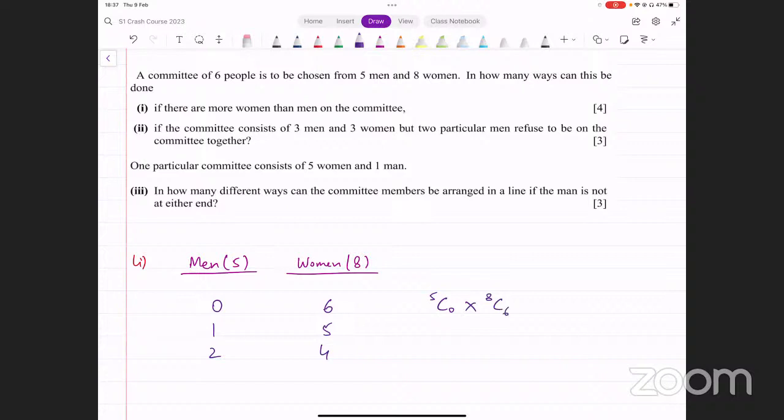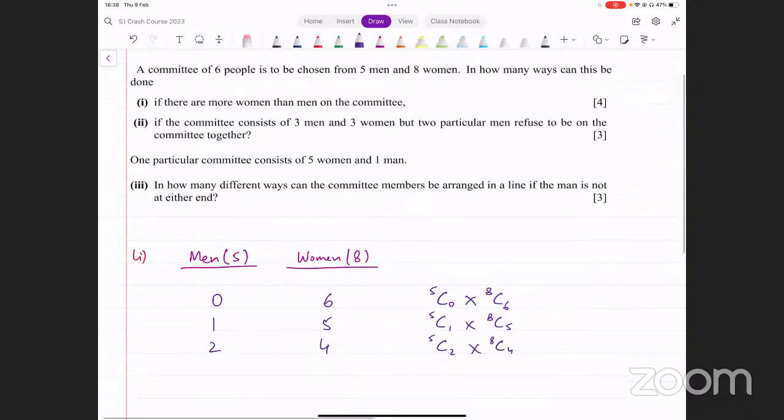So that's 8C6. So the first case would be 5C0 into 8C6. Now the second case is that you're selecting 1 man and 5 women. So that's 5C1 into 8C5. And then similarly, you've got 5C2 into 8C4. These are the 3 options that you've got there.